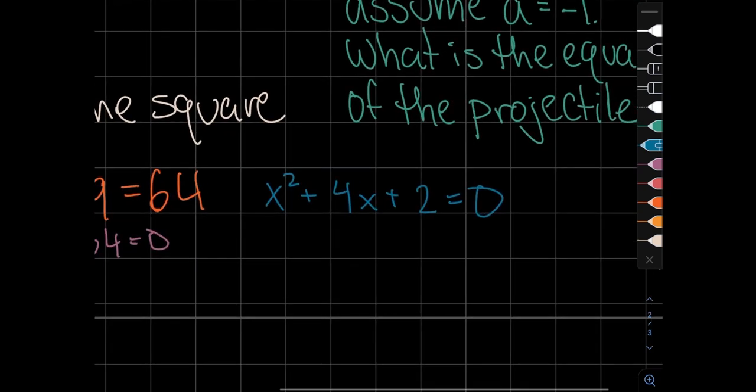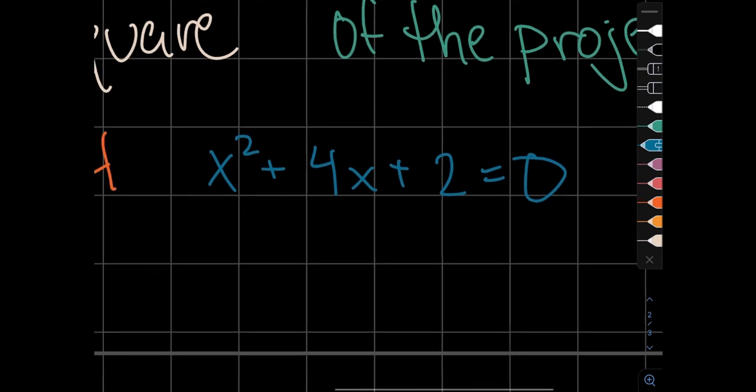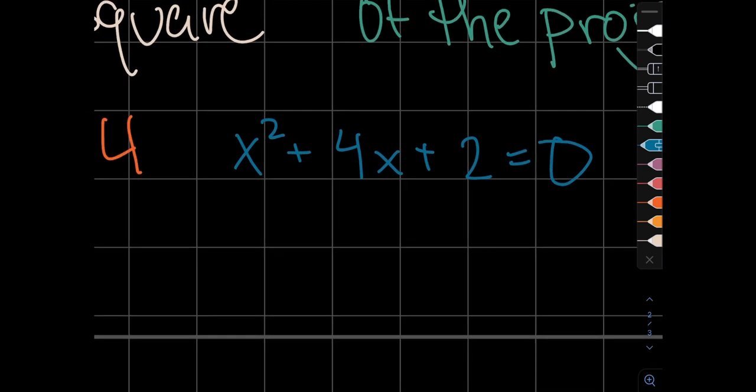All right, well, now we gotta complete the square. So we're going to try to make this into x squared plus 4x plus 4, because then that will give us x plus 2 squared, and that's our completed square.